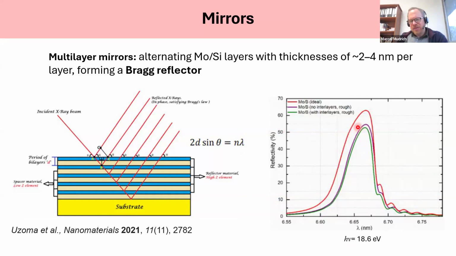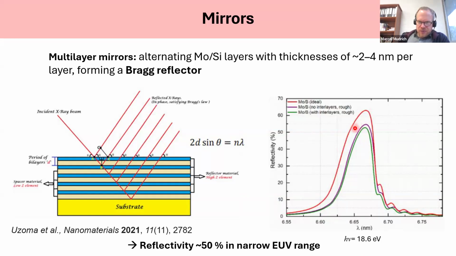But that's pretty much the best we can get in this extreme ultraviolet range, and only in a rather narrow range, because we rely on this Bragg condition, which defines specific wavelengths and discrete orders of wavelengths where constructive interference is fulfilled.